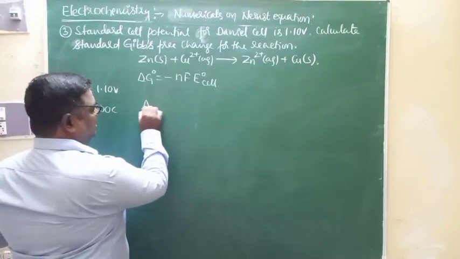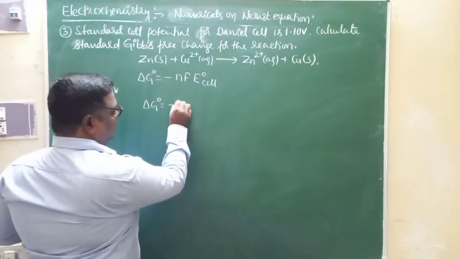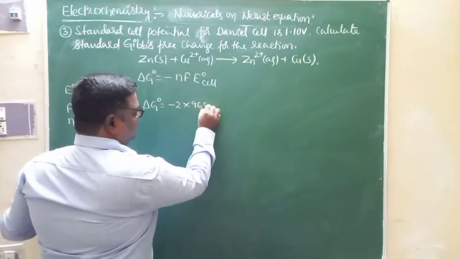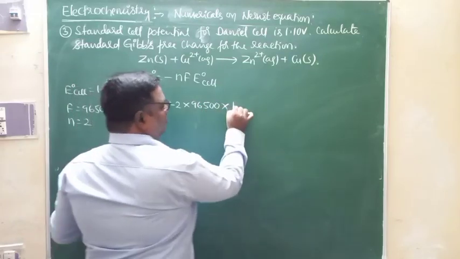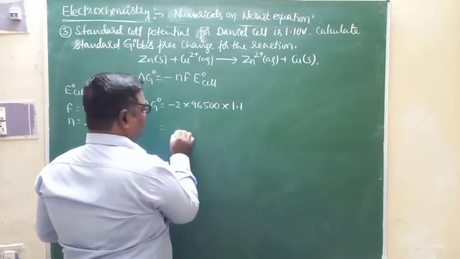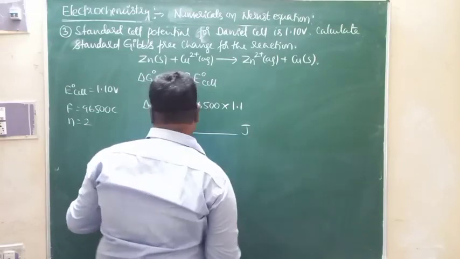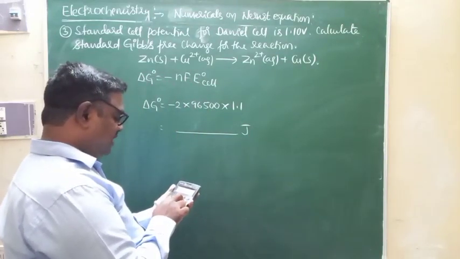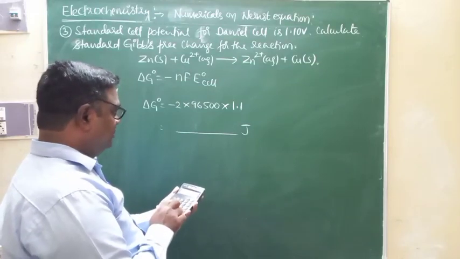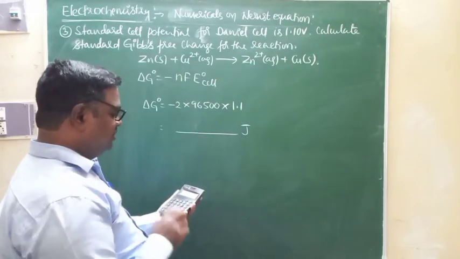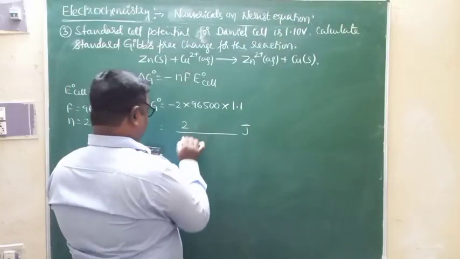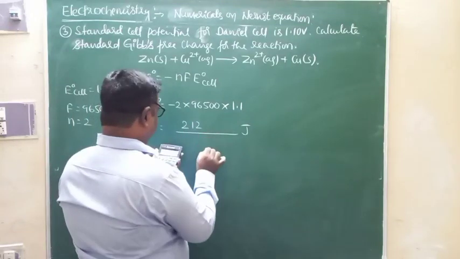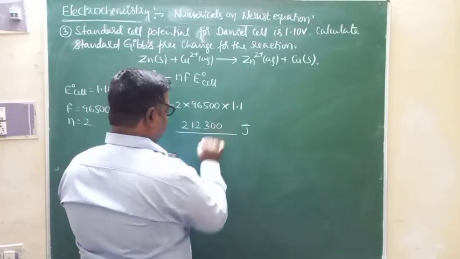Substitute: delta G naught is equal to minus 2 into 96,500 into 1.10 volts, and it will be in terms of joules. 2 into 96,500 into 1.1 comes out to be 2,12,300. This is in terms of joules.